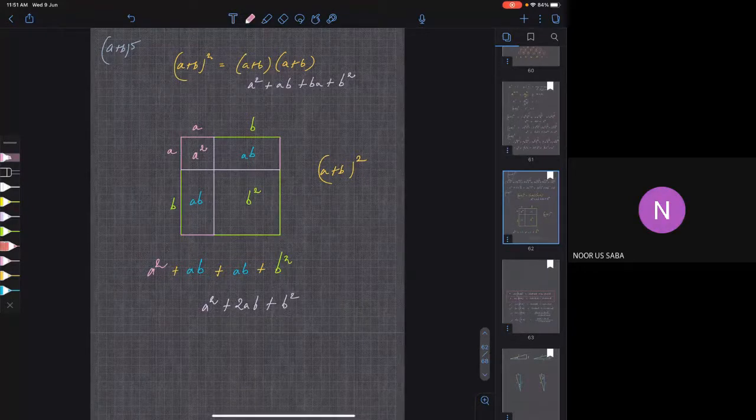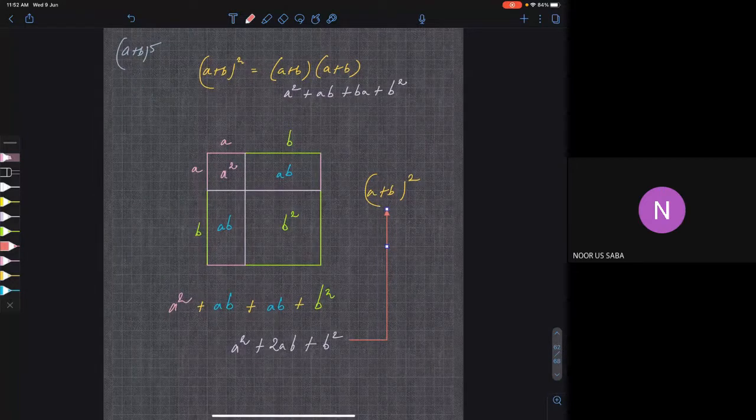It's the total area, right? But the total area, I already told you, is a plus b whole square. So I can connect this with this area, right? That means we have proved geometrically also that a plus b whole square is equal to a square plus 2ab plus b square.